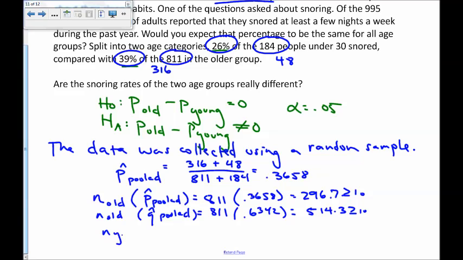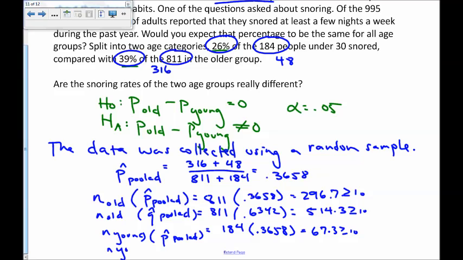And n sub young times p hat pooled equals 184 times 0.3658, which is about 67.3, which is bigger than 10.